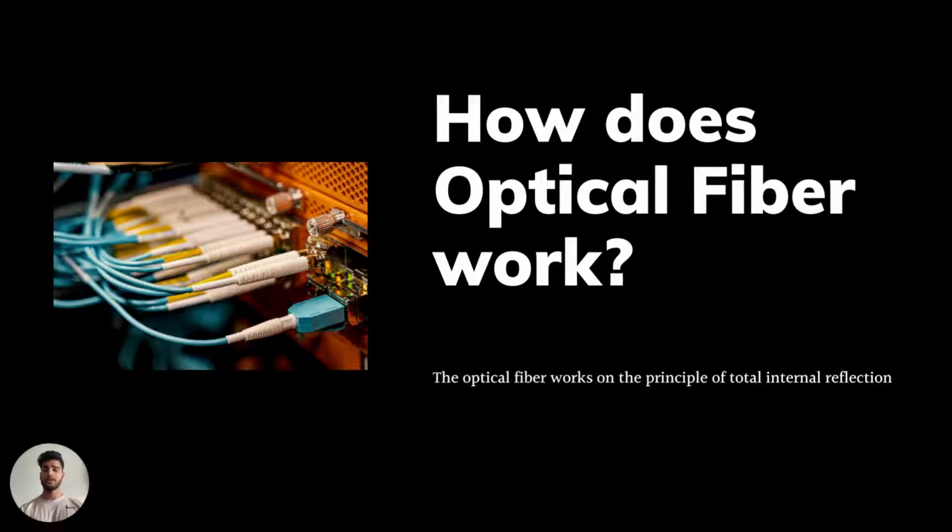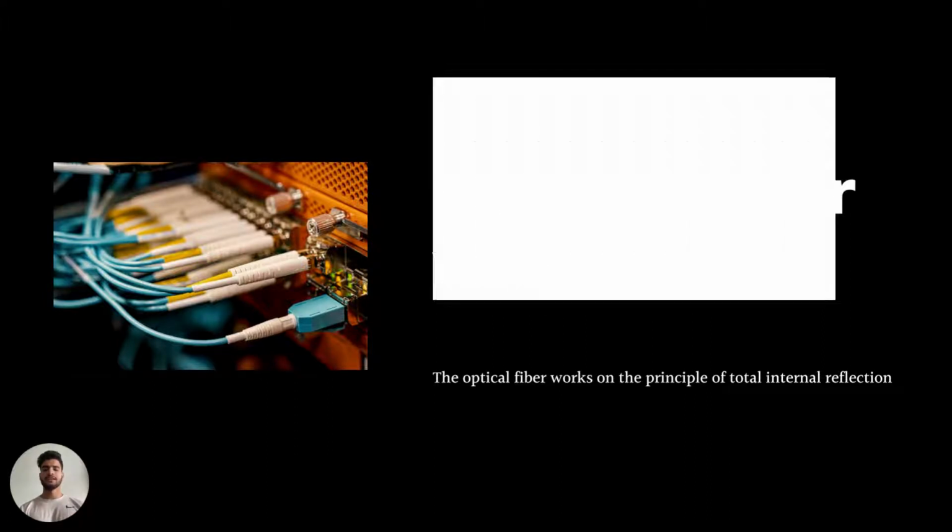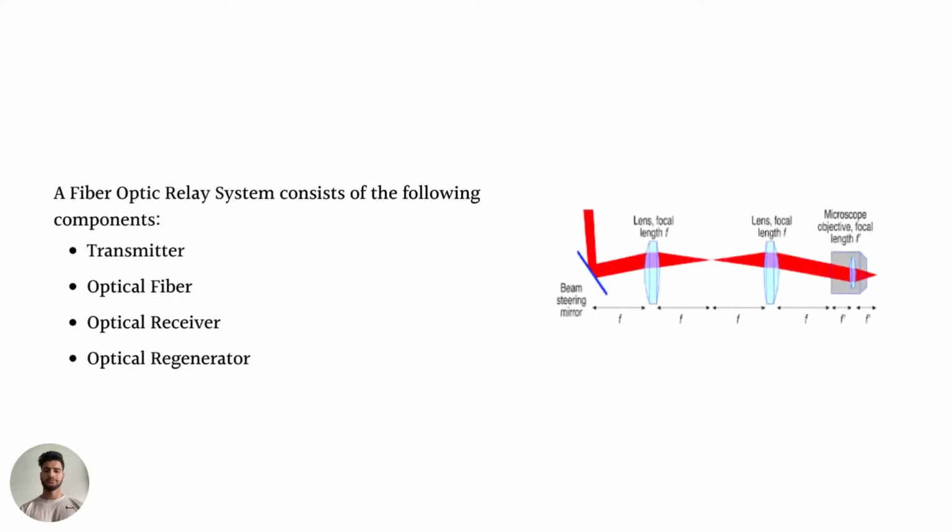The light beam travels down the core of the cable. The core is the middle part of the cable, the glass structure. The cladding is another layer of glass wrapped around the core. Cladding helps to keep the light signal inside the core.